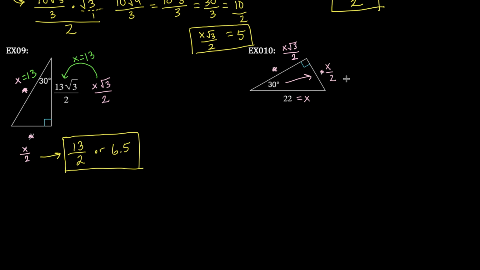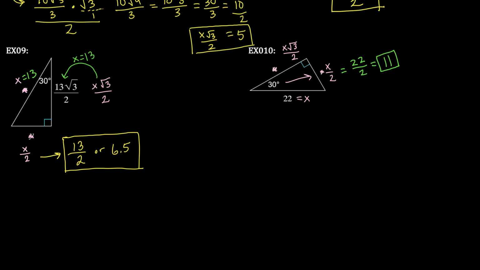So if this is x over 2, this is x, so x right here. This is 22 over 2 because x was 22, right? Which means it's 11.